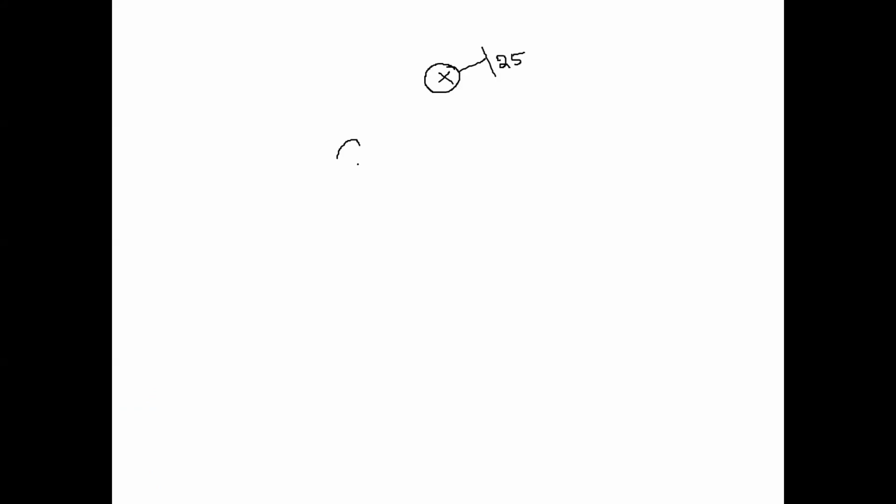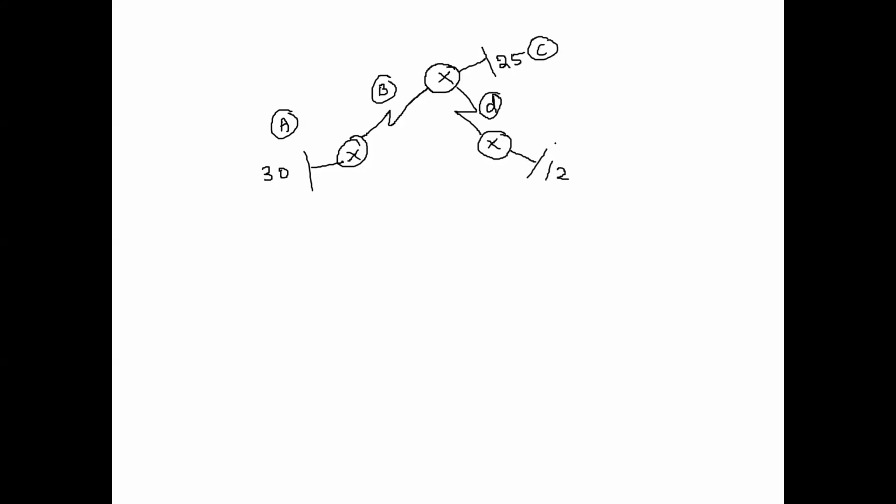Then here I have one more router, and this needs 30 hosts. And here again, I have connected one more router, which needs 12 hosts. Let me write the requirement: this is network A, network B, this is network C, this is network D, and this is network E.